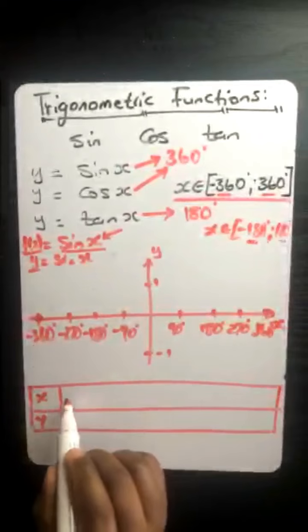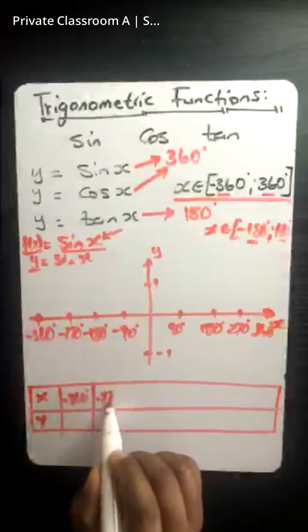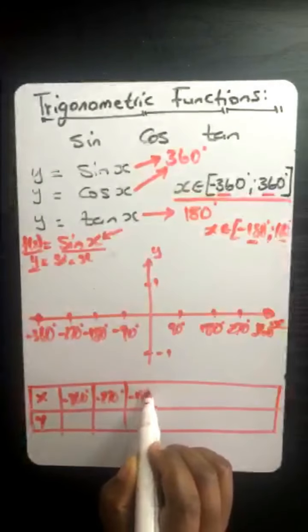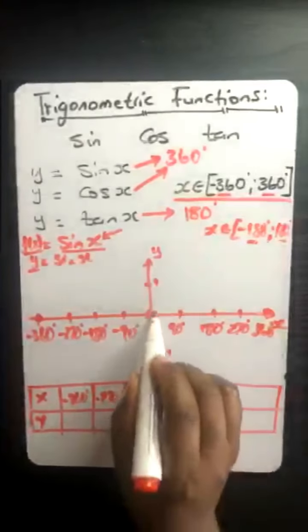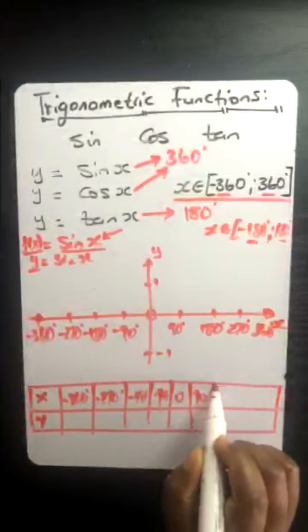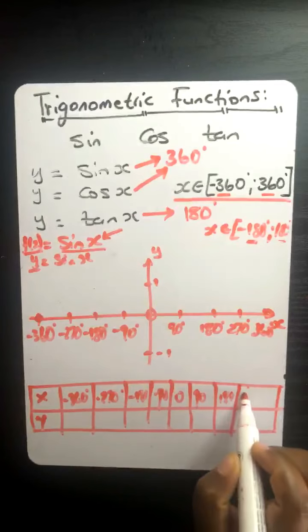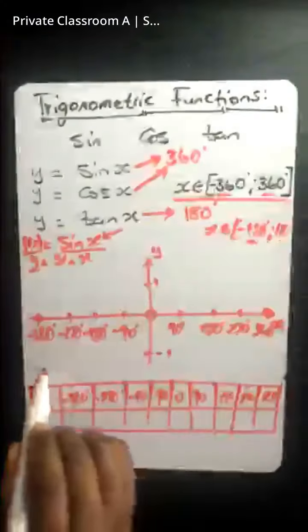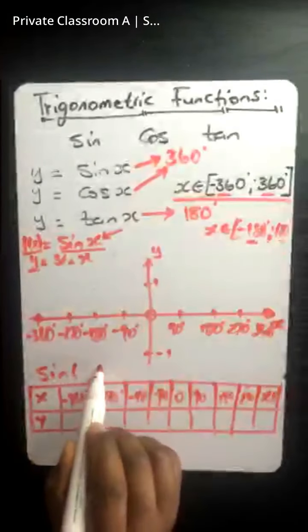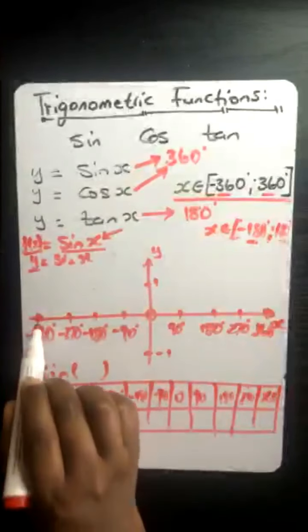So x here is negative 360, negative 270, negative 180, negative 90, then 0, positive 90, positive 180, positive 270, and positive 360. When you punch sine of negative 360 you get 0, so you make a dot there where y is 0.